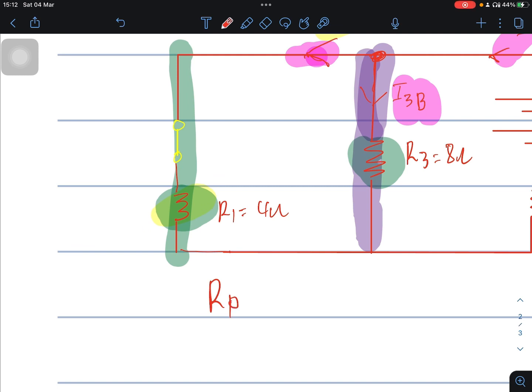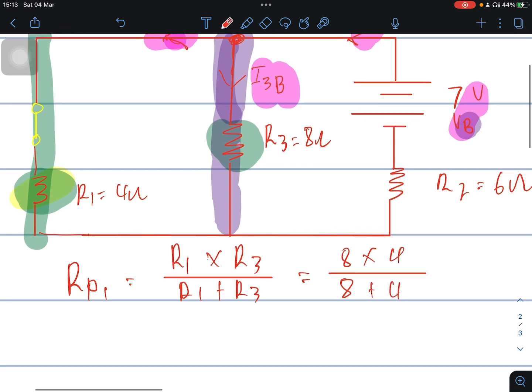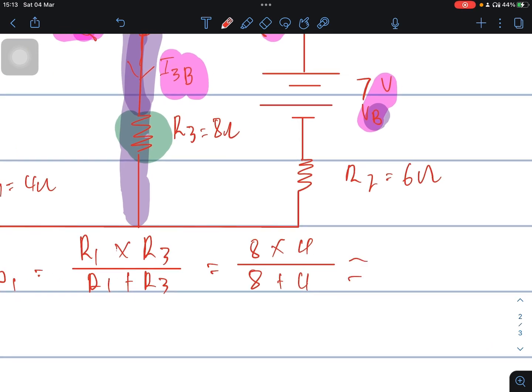R parallel 1 is R1 times R3, product over sum, R1 plus R3, which is 8 times 4 over 8 plus 4. That will give us 2.67 ohms.